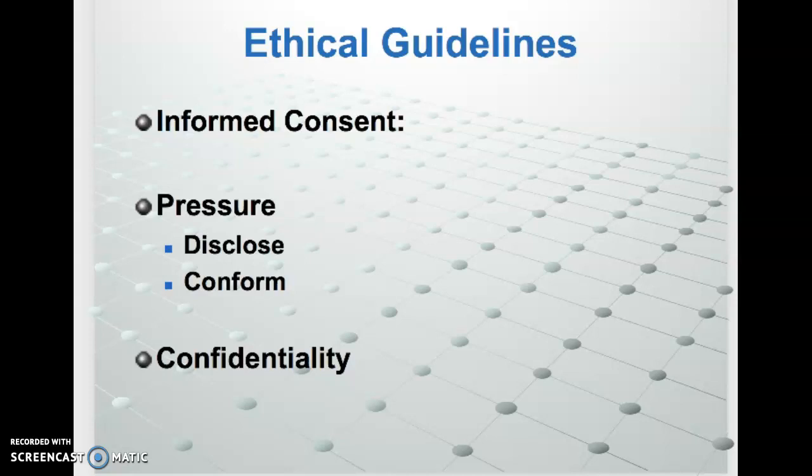So that's another way that pressure can be internal or external. And so again, we as facilitators have to really use our skills in terms of body language to see how members might be feeling related to pressure to disclose, to conform, to contribute. We always want to keep the group safe for all members.